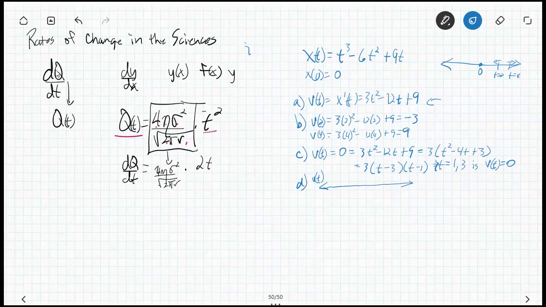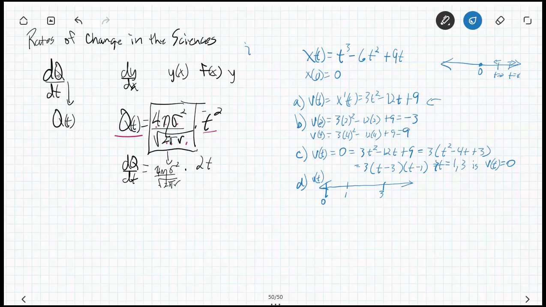All right, so here we go. I know that the particle stops at t equals 1. I also know that the particle stops when t equals 3. Now, it could be argued that we don't care about any values before t equals 0. So let's put a hook over here at 0 and say we're only playing ball from t equals 0 out to infinity. Now, I'm going to test values.